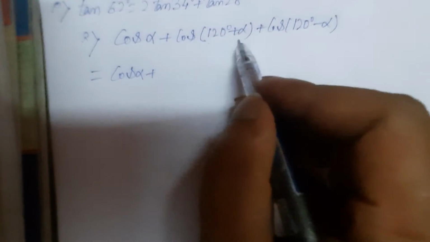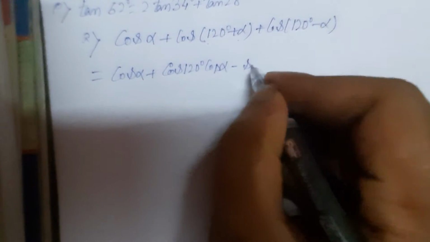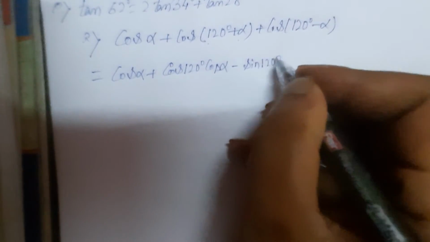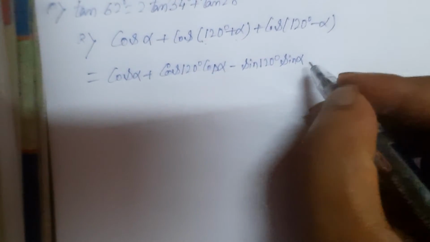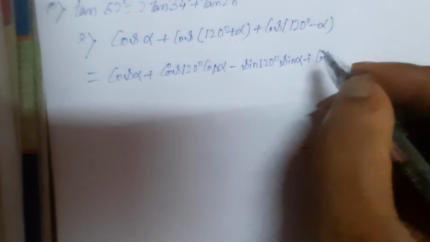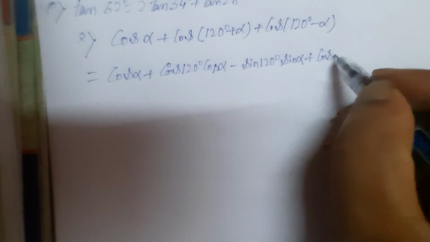So cos of a plus b means cos a cos b minus sin a sin b. Again, cos of a minus b, the formula is cos a cos b plus sin a sin b.